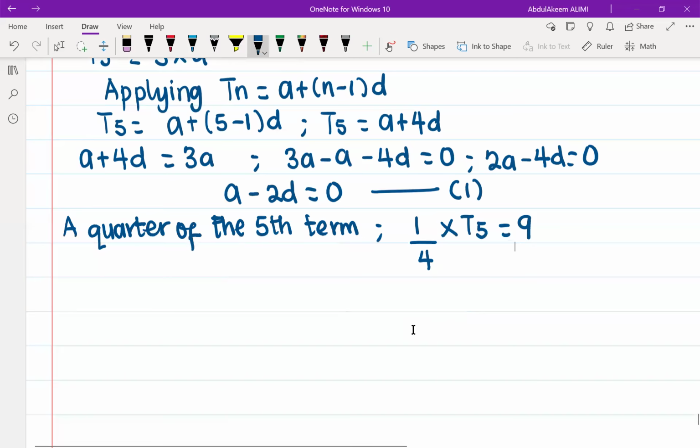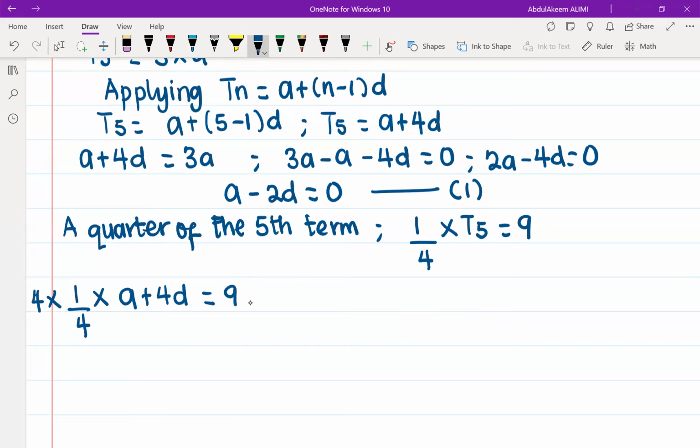What is our fifth term? I have this to become 1/4 multiplied by A plus 4d, as we have shown earlier. So if I rewrite this now, multiply both sides by 4. This will cancel each other. So I have A plus 4d is equal to 36. Let's make this equation 2.